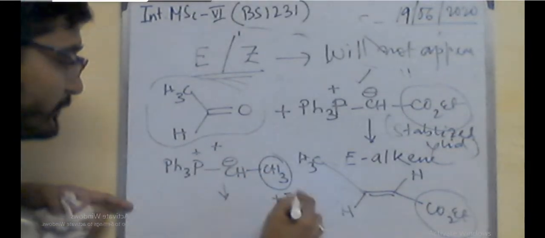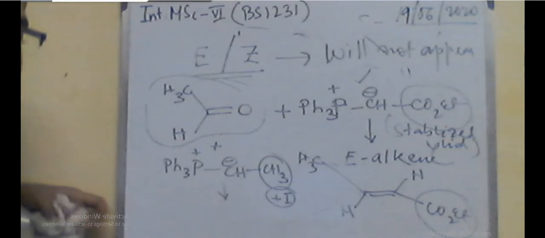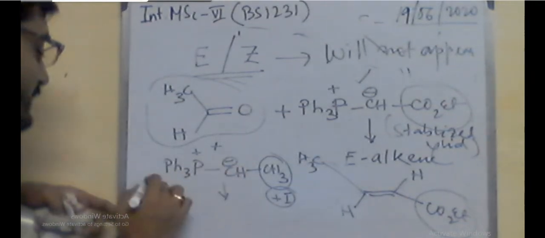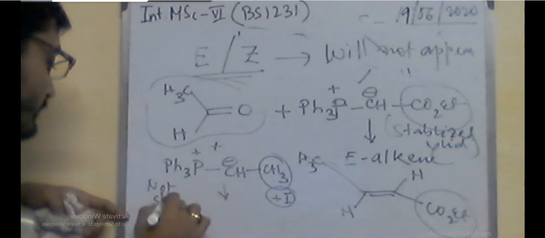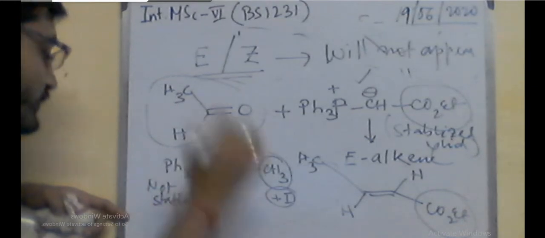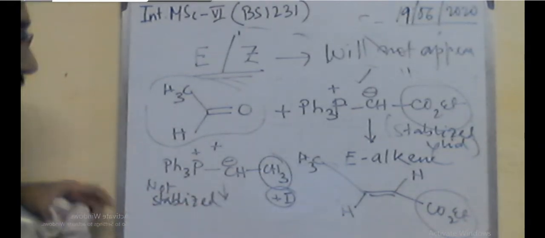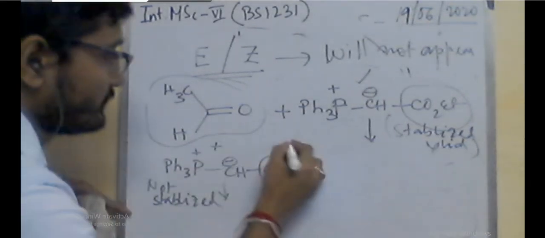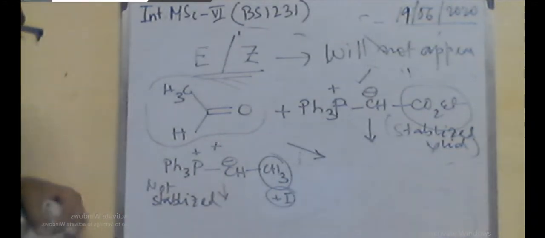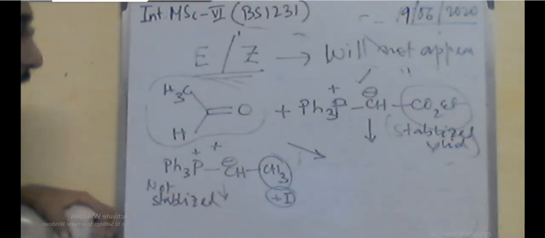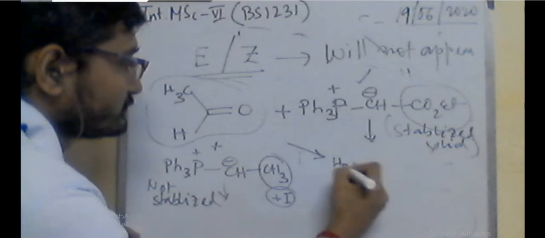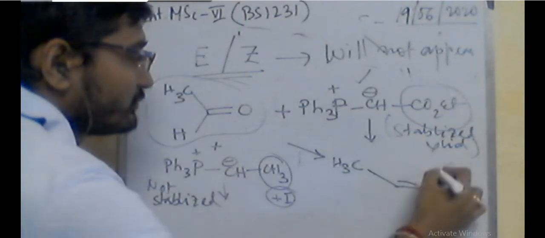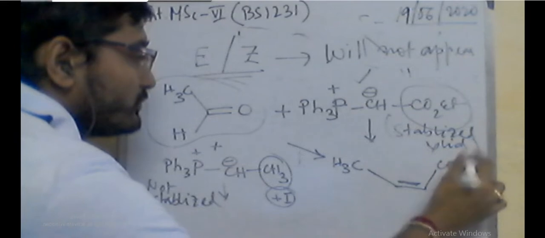When the ylide is not stabilized, it will form the Z-alkene, or the cis-alkene, or the syn-alkene, CH3 hydrogen. So this is the difference between the stabilized ylide and the unstabilized ylide, that they can form two different types of isomers.